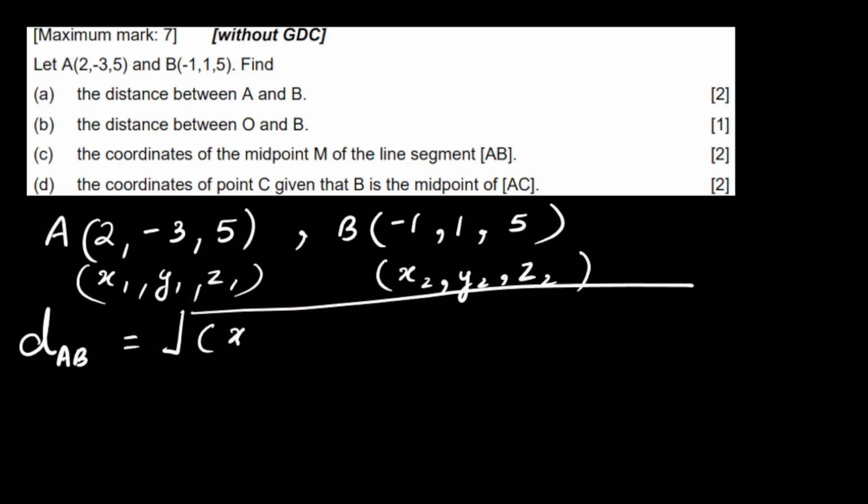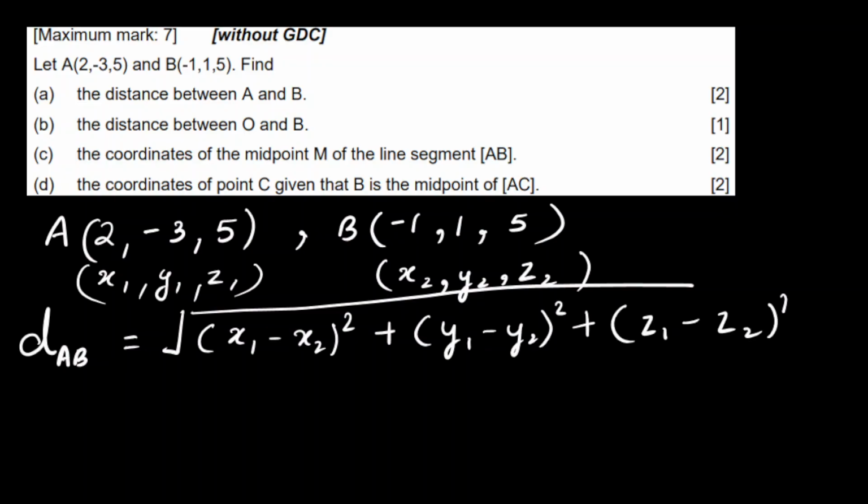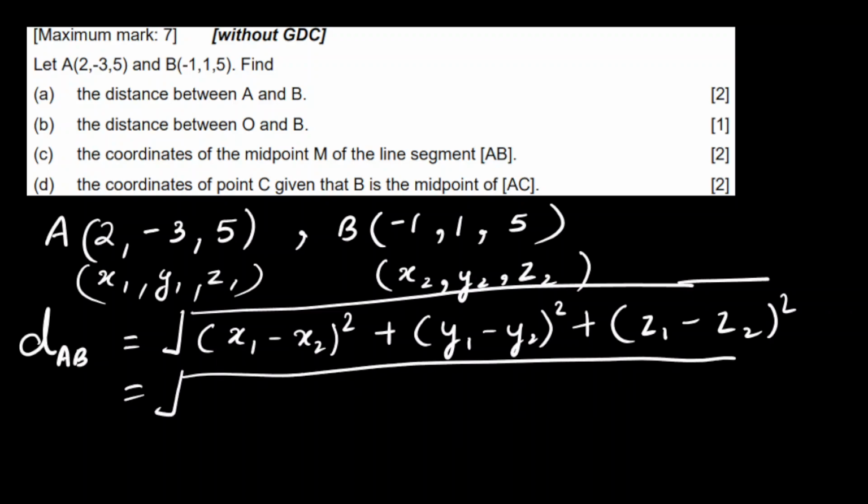as square root of (x1 minus x2) whole square plus (y1 minus y2) whole square plus (z1 minus z2) whole square. So we can substitute values now.